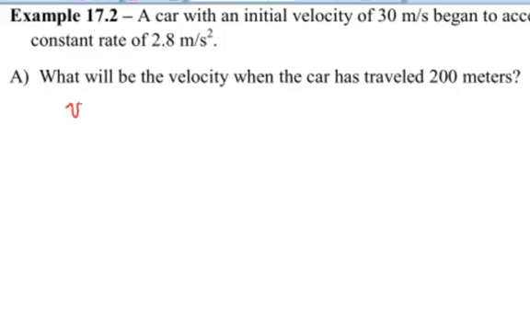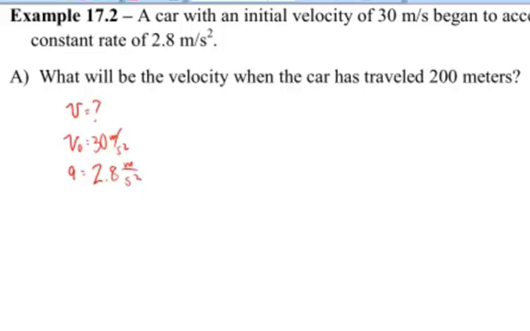What will be the velocity? That means we're trying to find v. It has an initial velocity of 30 meters per second. That's v naught. It has an acceleration that's constant at 2.8 meters per second squared. Now they tell us the displacement of the car, in other words, x minus x naught.